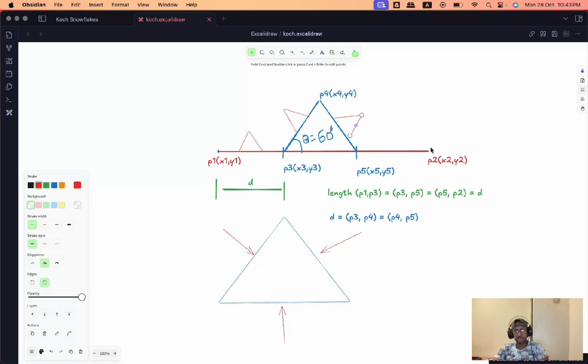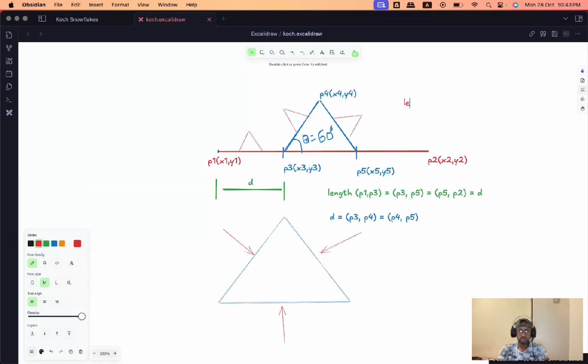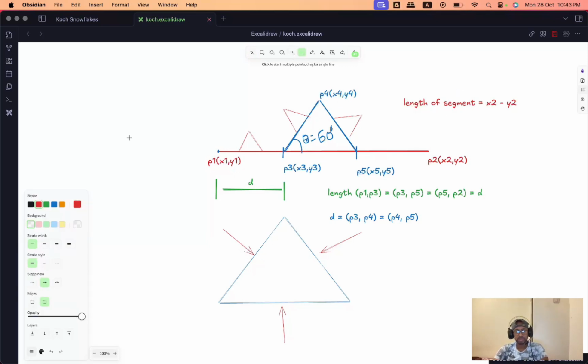So we need to find the length of this segment. If, for example, it's straight along the x-axis, it is basically x2 minus x1. But in later iterations, this segment might not be a straight line with respect to the x-axis or y-axis.